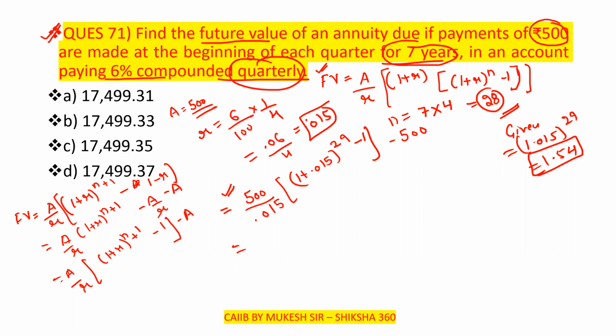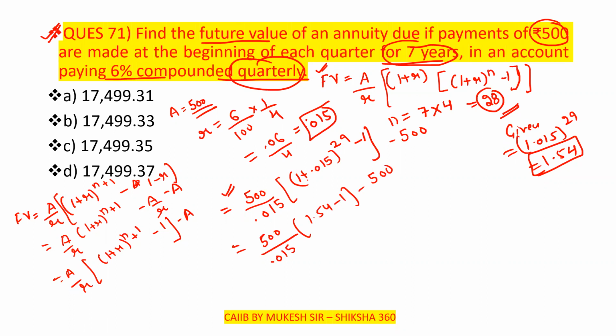If you are not able to reach up to this point, it is difficult to find the value. Now 500 upon 0.015 into (1.015 power 29, that is 1.54, minus 1), minus 500.